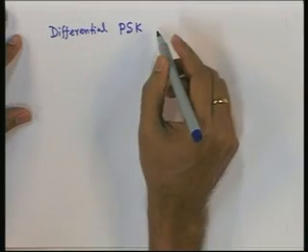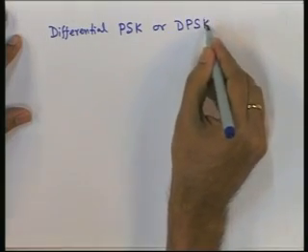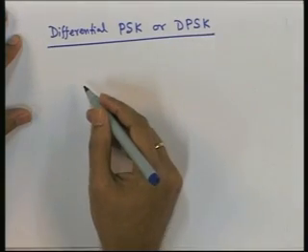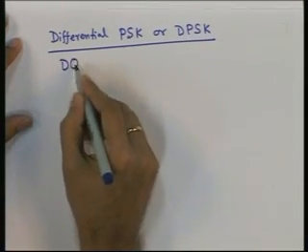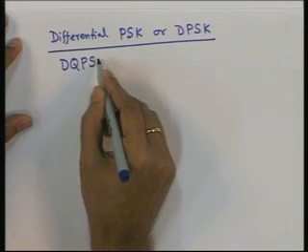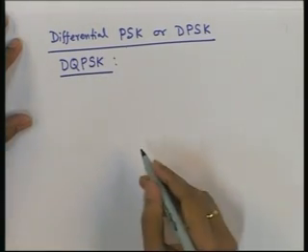Now, similar to this scheme, there is a passband modulation scheme called Differential PSK, abbreviated as DPSK. Now, let us take an example of DQPSK, where QPSK constellation is used, but with differential encoding.